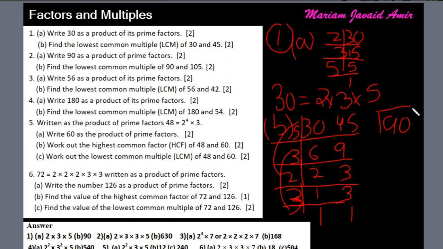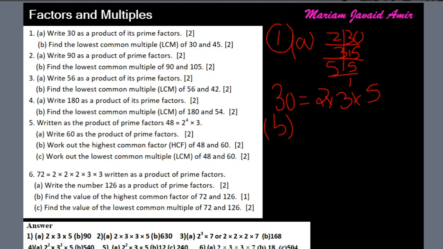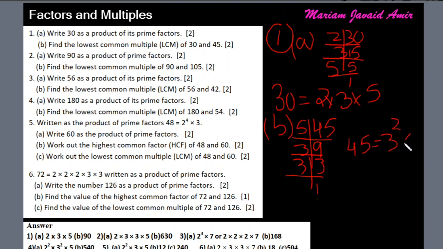Now there's another way of doing it, which is that we already have prime factors for 30. So we can find prime factors of 45 first. So 45, let's start with 5. 5 9s are 45, then 3 3s are 9, and 3 1s are 3. So the prime factors of 45 are 3 square times 5.